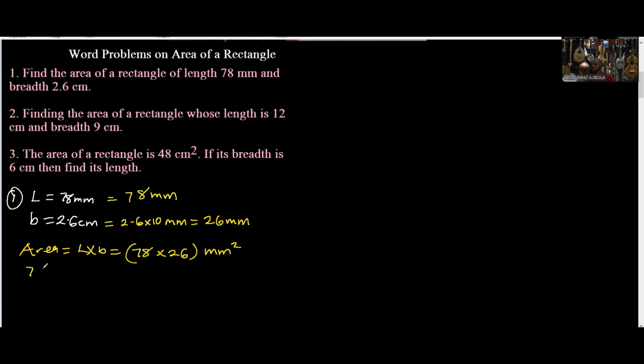78 times 26. 6 times 8 is what? 48. 6 times 7 is what? 42 plus 4 is 46. 2 times 8, 16. 2 times 7, 14. So we have 8, and 2... Right?